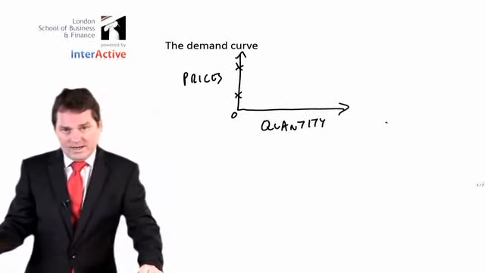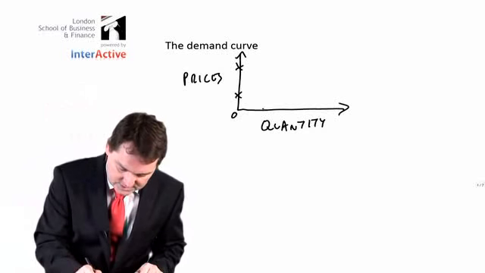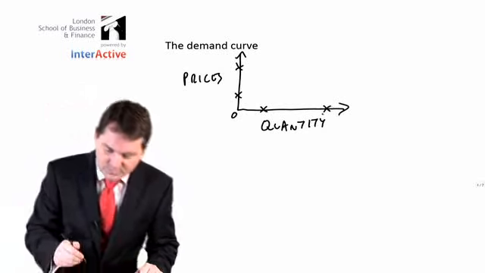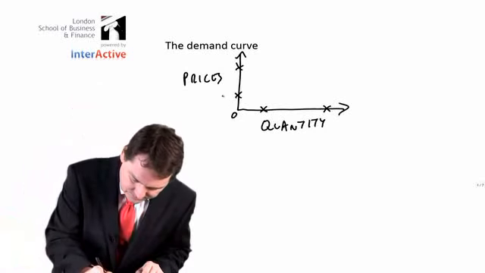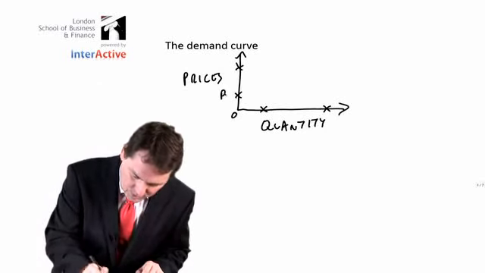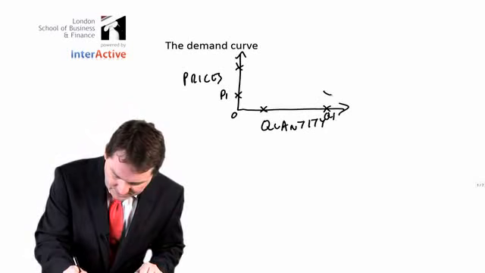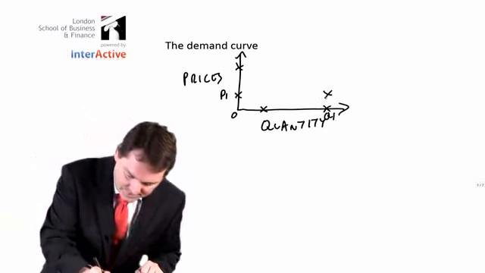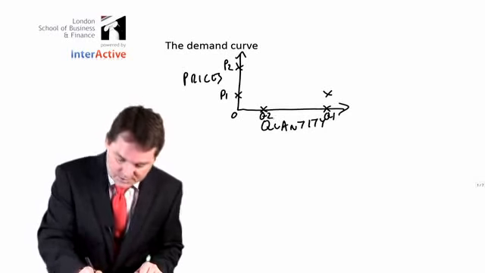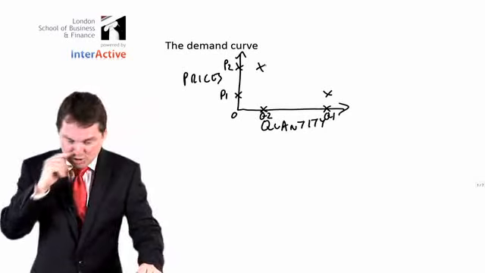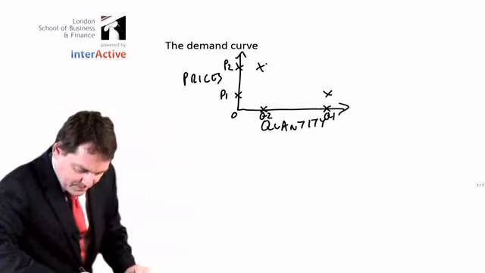The further to the right you go, the bigger the quantity. So this is a low quantity and this is a high quantity. And obviously what you would expect, low price, high quantity. So there is one particular place that we have. And similarly, high price, people will buy less, low quantity. And there's another combination.